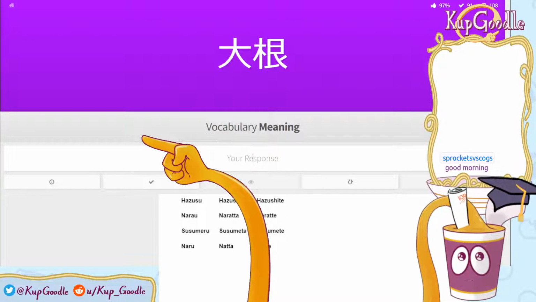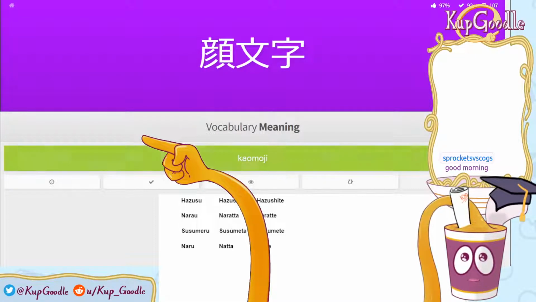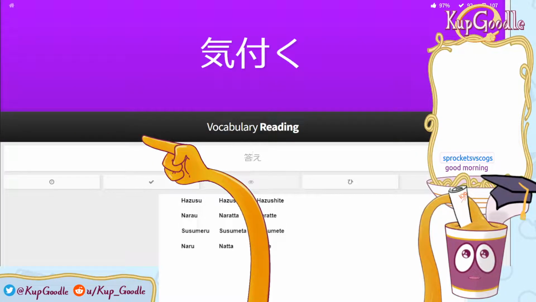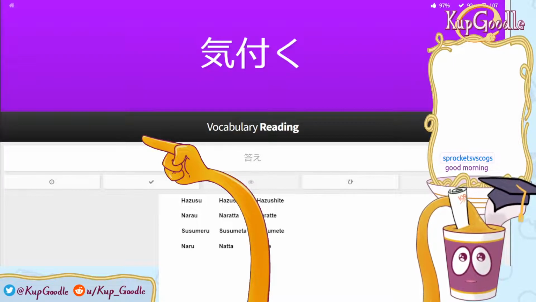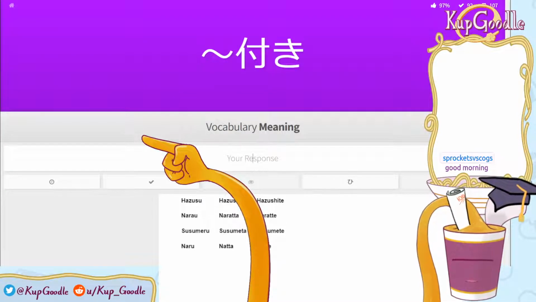Daikon. Meaning it is a daikon radish. Kitsuku, kitsuku. Reading kizuku. Tsuki, including.